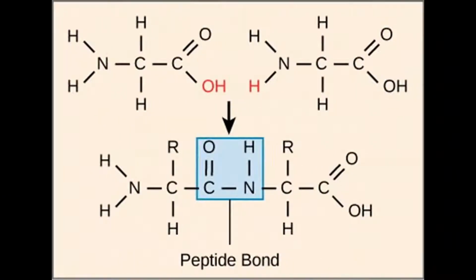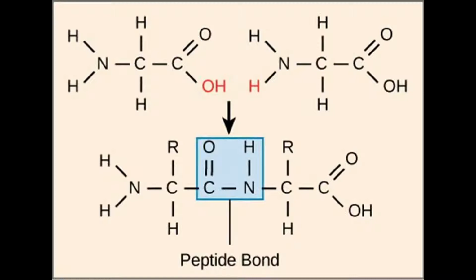Now that we know the structure of amino acids, let's look at how they join together to form proteins. A condensation reaction between 2 amino acids forms a peptide bond. A molecule of water is released during this reaction. The reverse reaction, hydrolysis, happens during digestion.